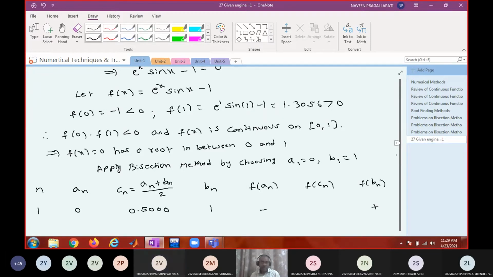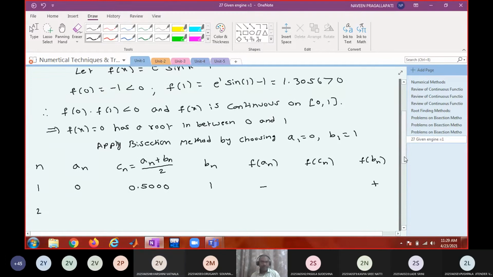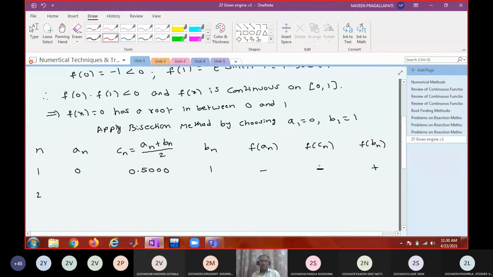Negative. Are you sure? That's what I'm telling you. If you make any mistake here, then all the subsequent calculations are going to be wrong. Is your angle in radians? Is it a negative value? Yes, sir, negative. So when it is negative, the root lies in between c1 and b1.